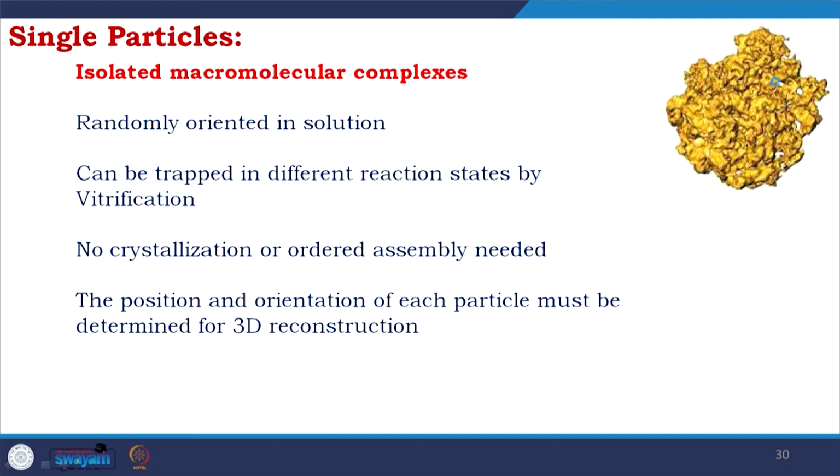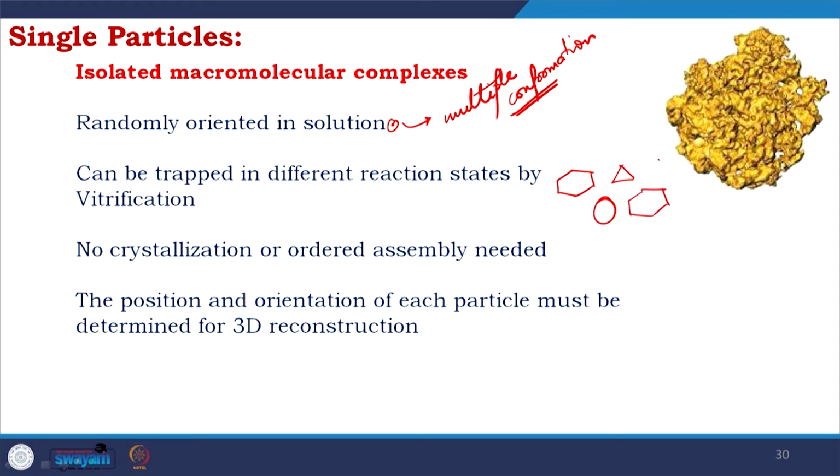So, the macromolecular complexes would be randomly oriented, meaning they would be staying in multiple conformations, but they could be trapped in different reaction states. So, let us say shape wise, you get this and then you get this, you get this, like this.